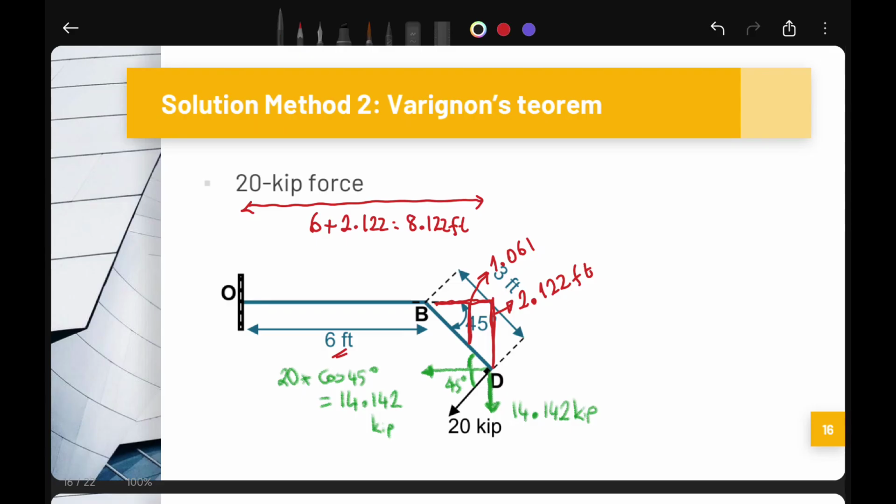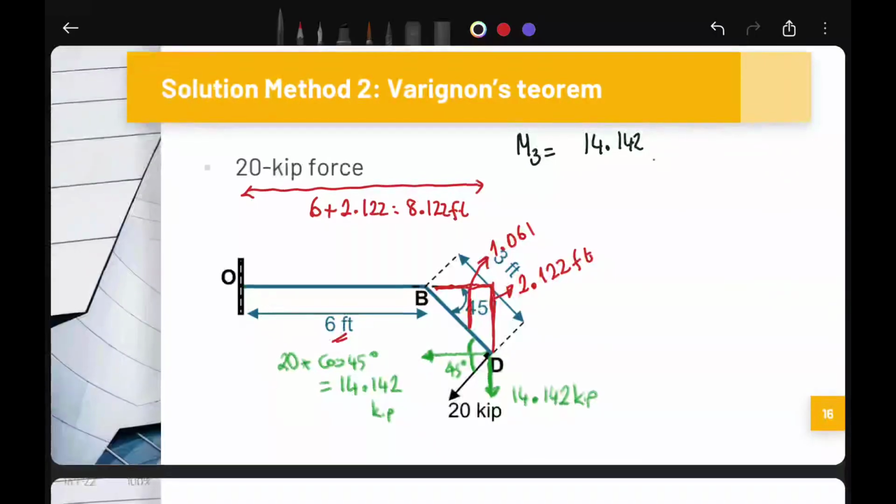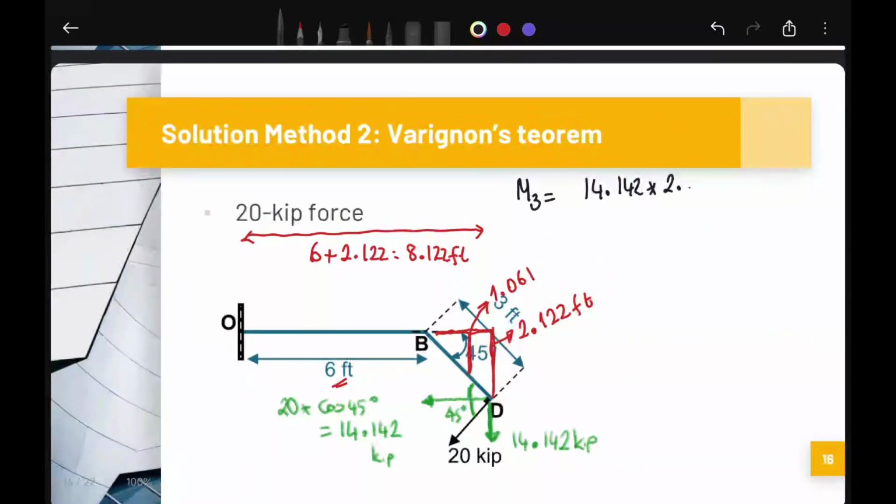Now we can compute the individual moment. Let's start with the x component. M3 is equal to 14.142 times 2.122. This force tends to rotate in the clockwise direction.